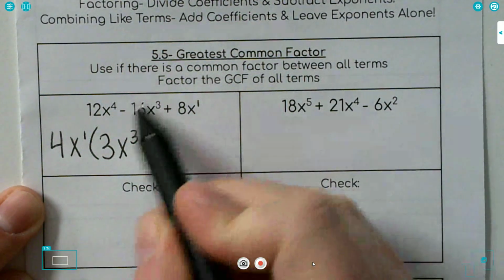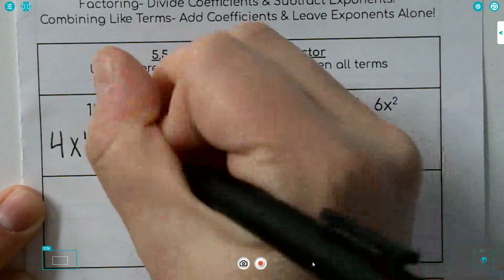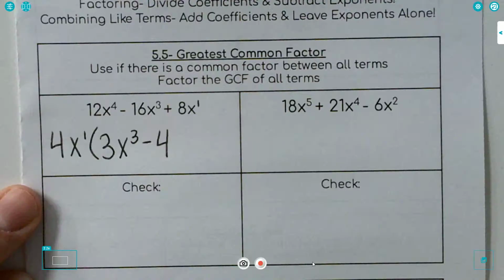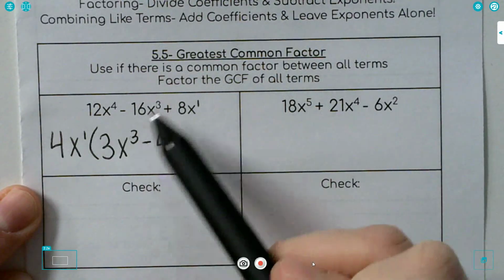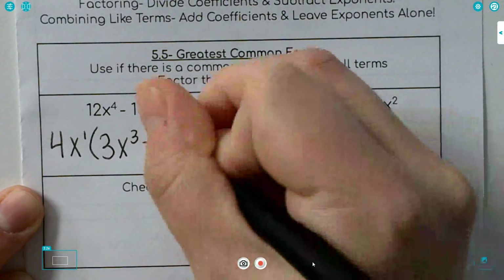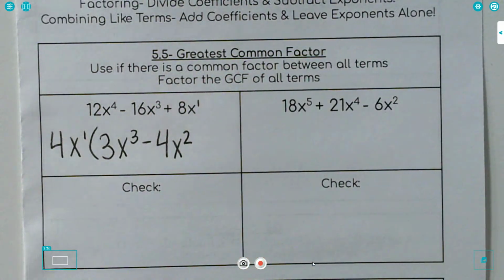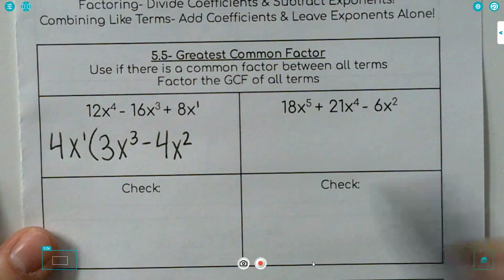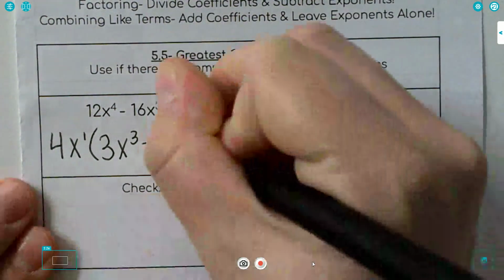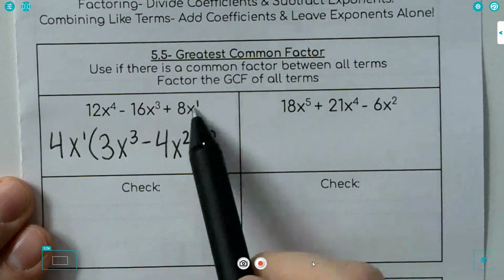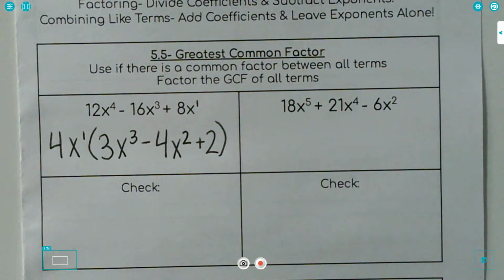Then I've got negative 16 divided by 4, which is negative 4. Subtract my exponents. 3 minus 1 is 2. So I've got x squared. And then 8 divided by 4 is 2. I subtract my exponents. 1 minus 1 is none. There are no x's left.